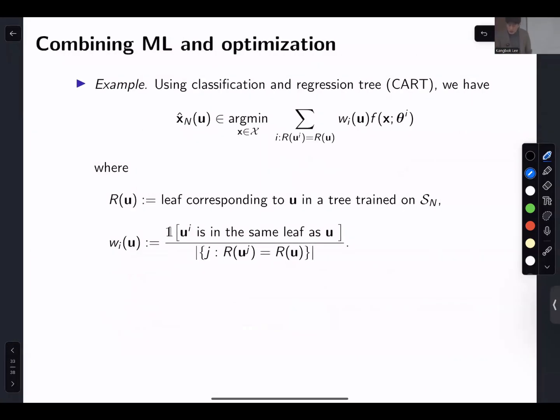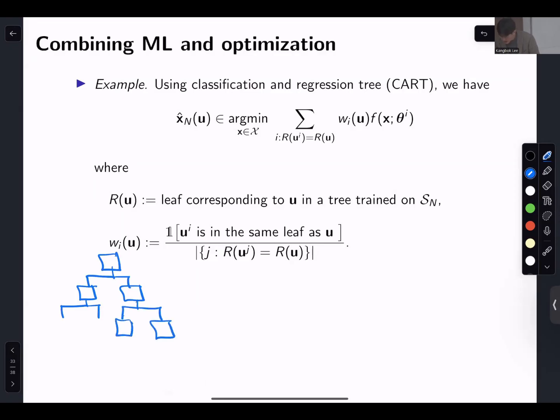And similarly, you can use CART, classification and regression tree. Do we know what CART is? Right. We can train a model using data to make a decision tree. Okay, and a decision tree looks like this, where there's a root node and there's a bunch of yes and no questions branching out to different nodes.